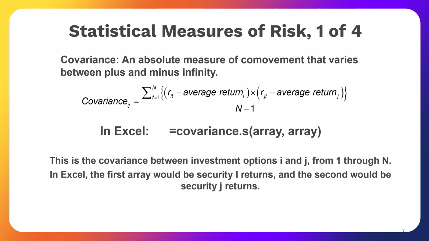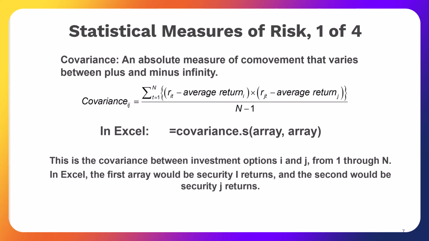Again, covariance measures how two assets move together. A positive covariance means they tend to increase or decrease together, while negative covariance indicates opposite movements. For example, gold often moves in the opposite direction of the stock market, making it a great diversifier.